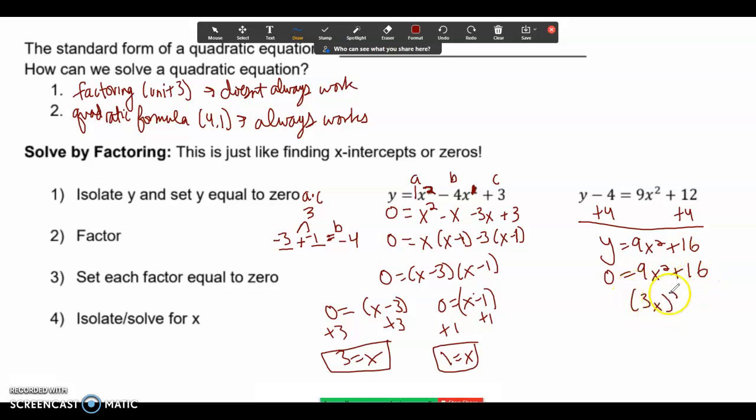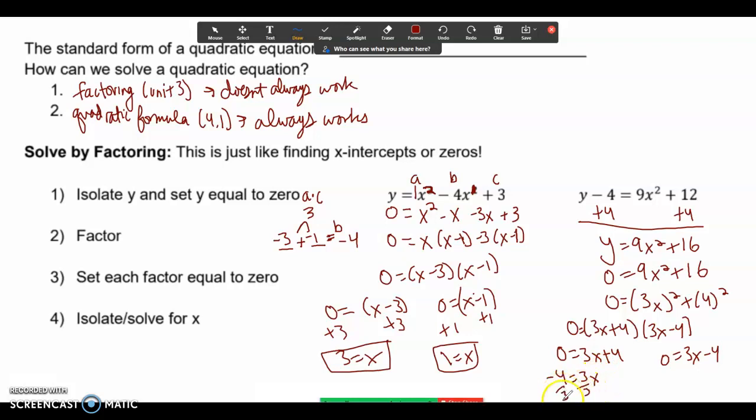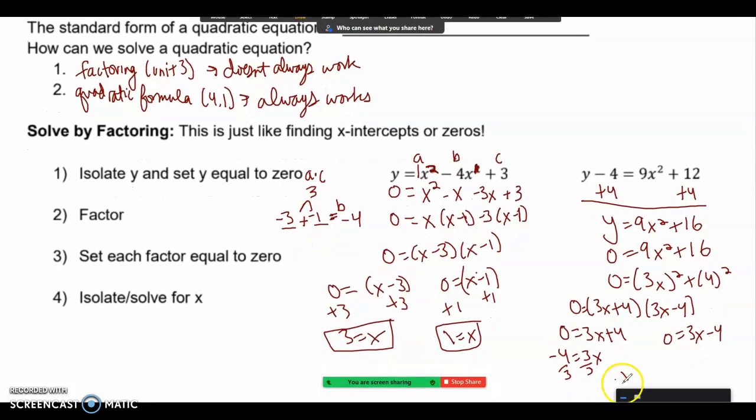This looks like difference of squares. So I get a positive and -4/3.